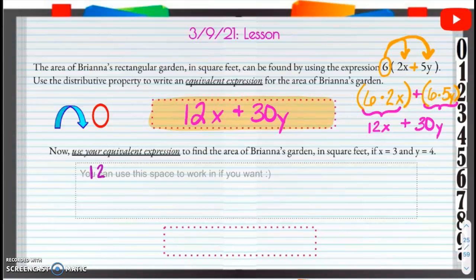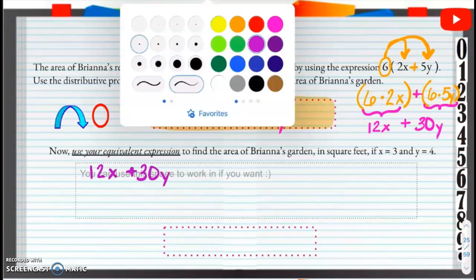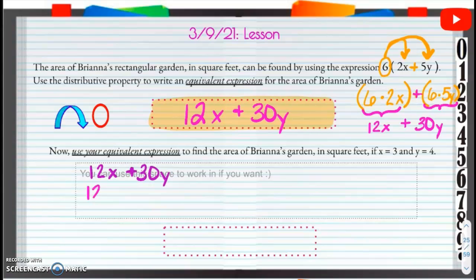We'll have 12x, or 12 times x, plus 30y, or 30 times y. So that first part means 12 times x, and in this case, x is going to be 3. So 12 times 3 plus 30 times y, and y is 4, so 30 times 4.